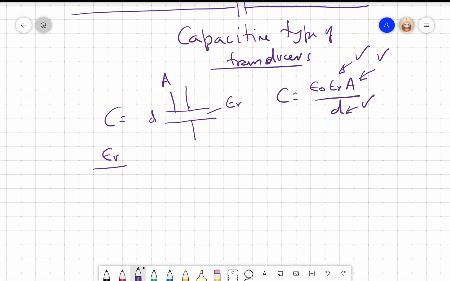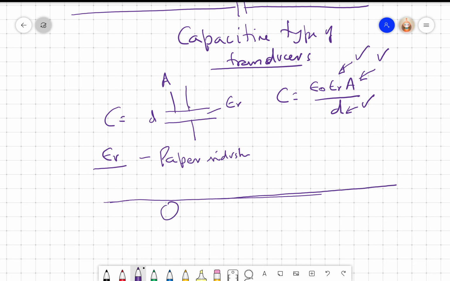So, for example, the paper industry. What we do is we make paper and send it on a conveyor belt so that the paper dries and then is rolled out.